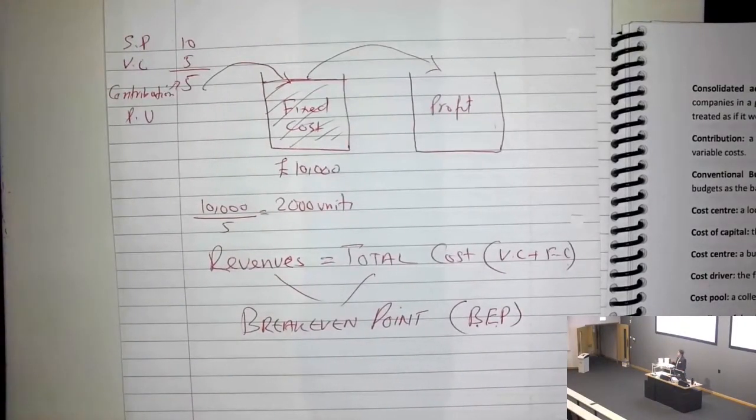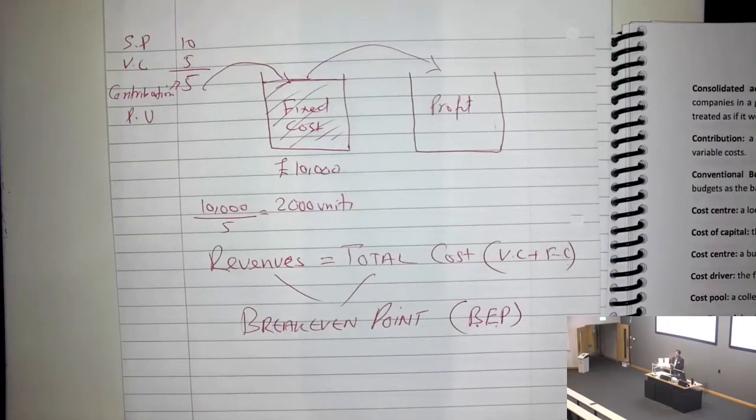Every manager needs this information. What is our activity level where we are not making any profit or loss? That's our starting point. We need to know this in our unit terms, and we need to know this in our total terms.